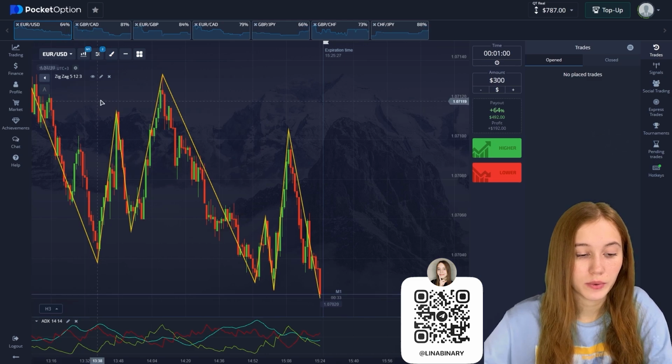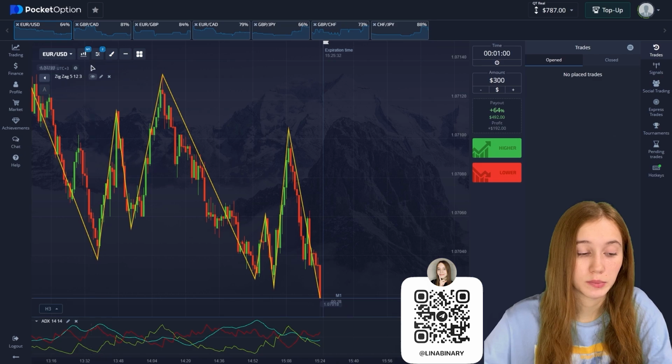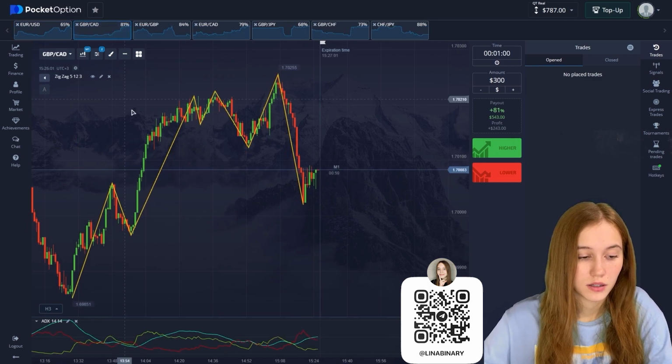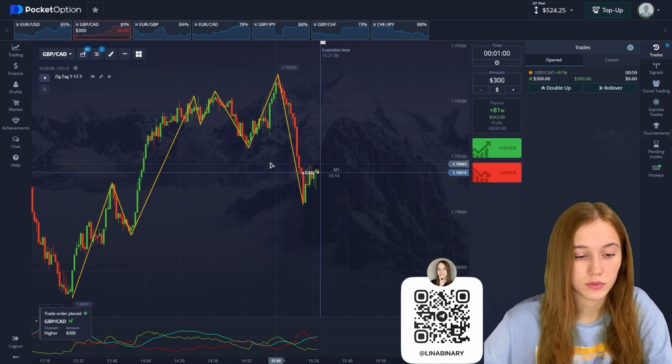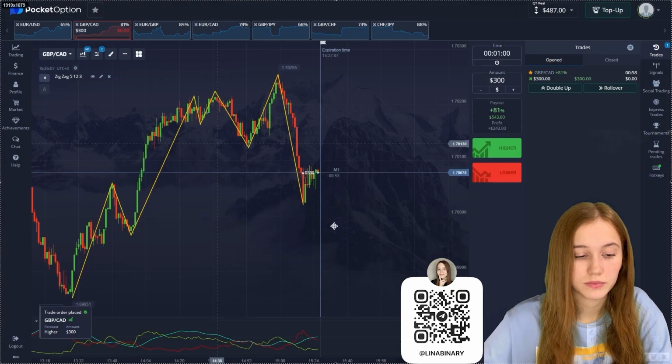The balance is already $787. So let's go on. I think it will be our last concept. Second circle, second concept. It's not much to say.